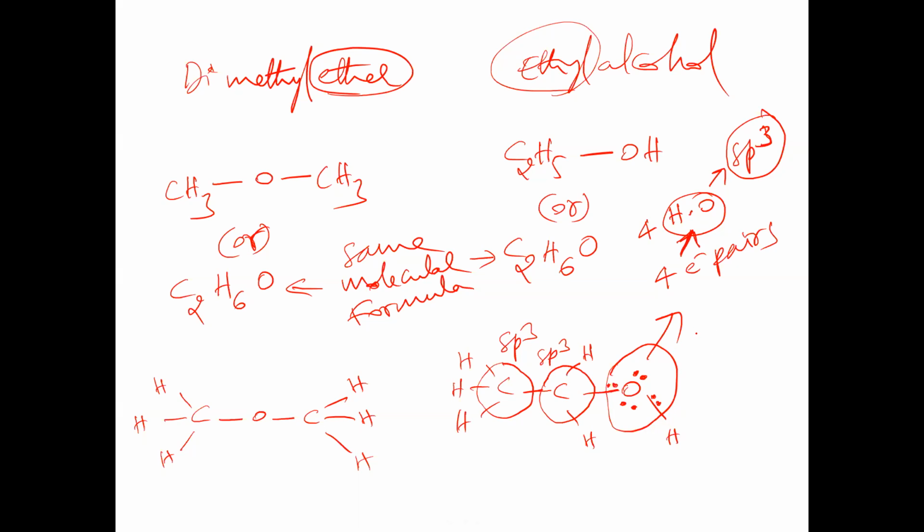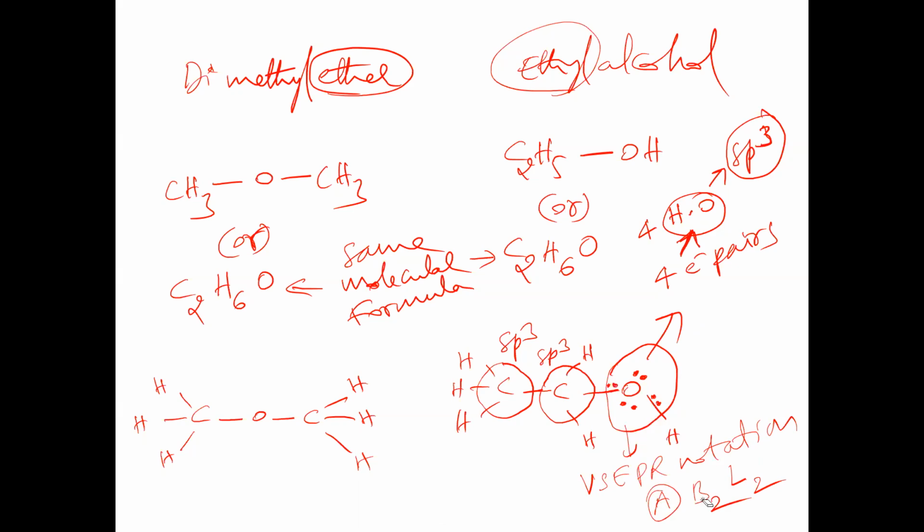Now what is the VSEPR notation for this? Do you remember VSEPR notation? It is A, the central atom, B2, meaning 2 bond pairs, and L2, meaning 2 lone pairs. A is the central atom, that is oxygen here.